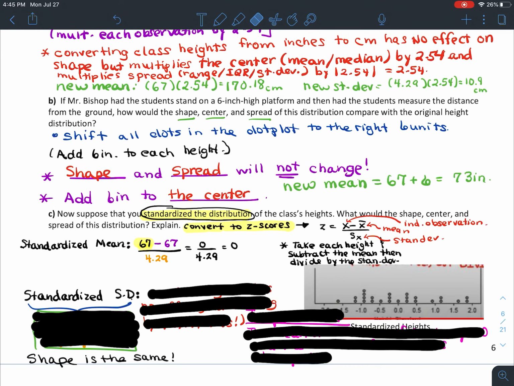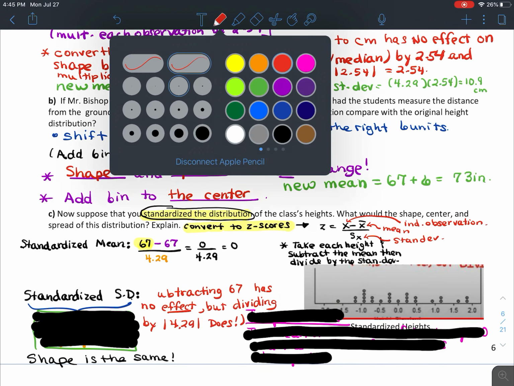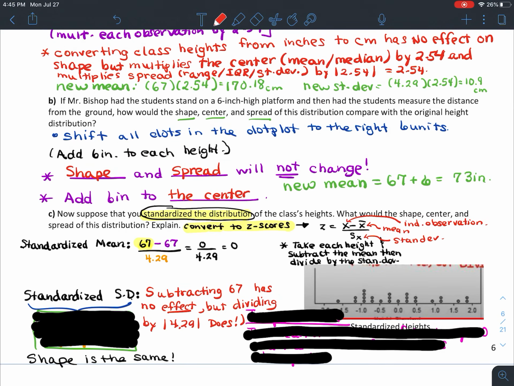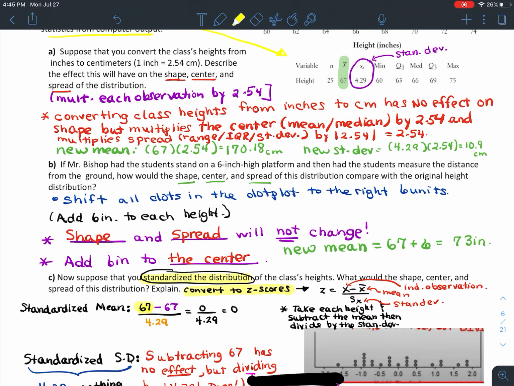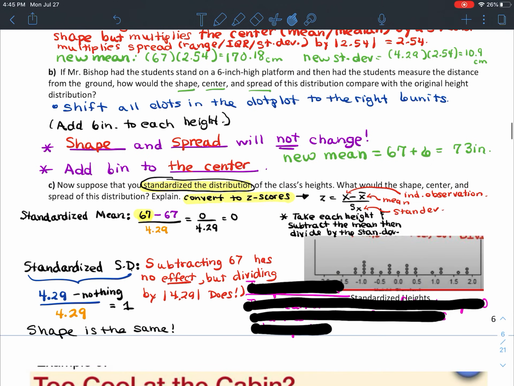And if you were to standardize the standard deviation, now keep in mind here, standard deviation is not affected by addition and subtraction. So let me uncover this here first. You're going to take the standard deviation in that set of data, which was the 4.29.